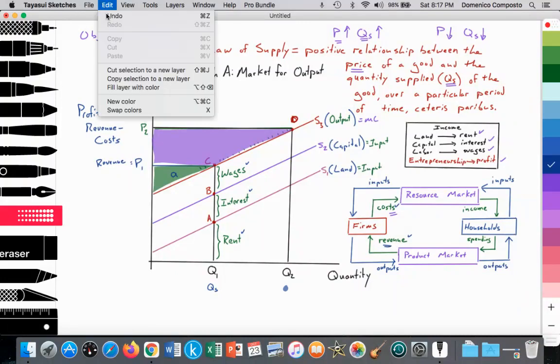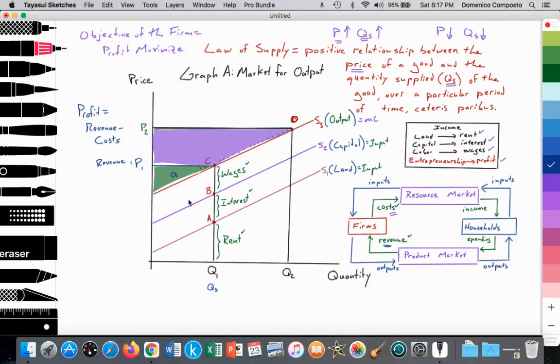Quantity supplied is rising as the price rises from P1 to P2. So I'm going to label this area B. Okay? So we can see that the profit margin for the entrepreneur increases.